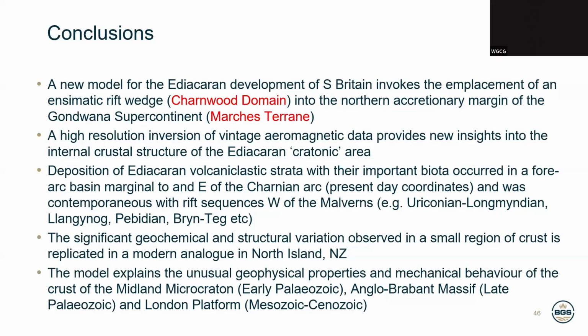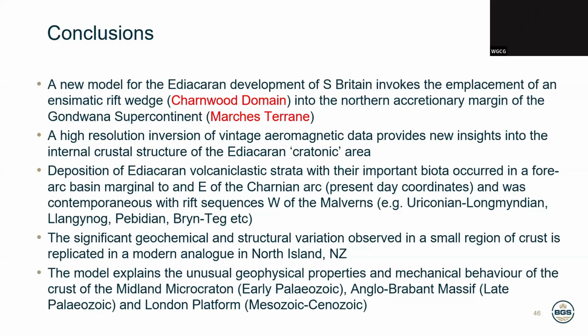The significant geochemical and structural variation observed in a small region of crust in southern Britain is replicated in the modern analogue in North Island, New Zealand. In other words, the size of this thing is virtually comparable between the Precambrian rocks and the more recent rocks in New Zealand. And I think the processes involved in its formation are pretty much the same.